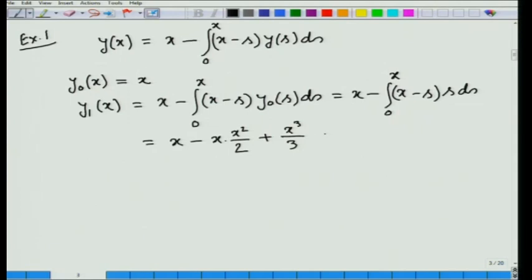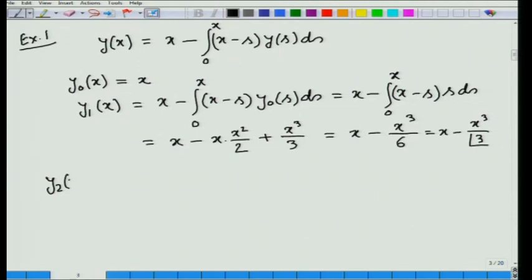From here we can calculate that this is equal to x minus x cube by 6, and in order to make a correspondence between 3 and 6, just for trial we can write it as x minus x cube by factorial 3. In the next step we will be able to verify whether our assumption that the denominator of x cube will be factorial 3 or not, which can be easily verified.